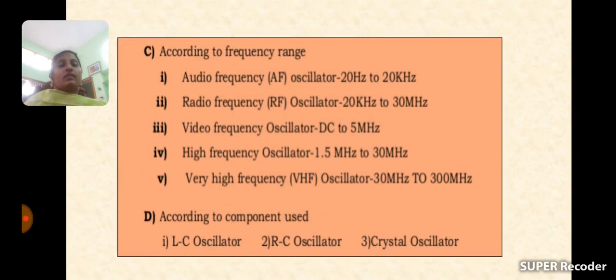Okay, how many types of oscillators are we seeing here? According to the waveform generated, sinusoidal is there, non-sinusoidal is there. Sinusoidal oscillators are classified into LC oscillator and RC oscillator. In LC, tuned, Colpitts and Hartley are there.